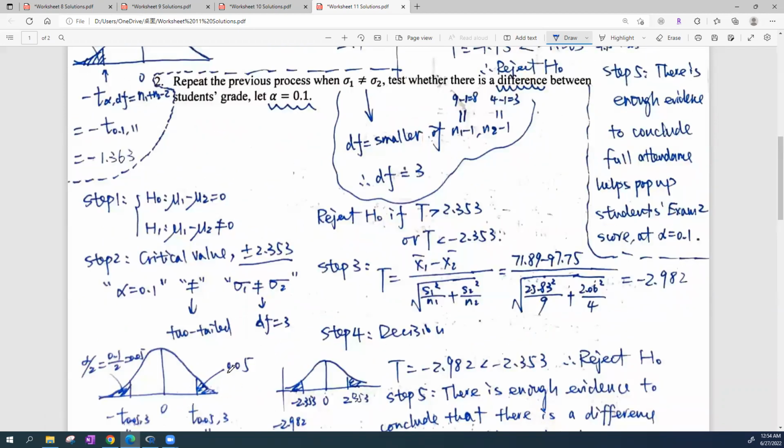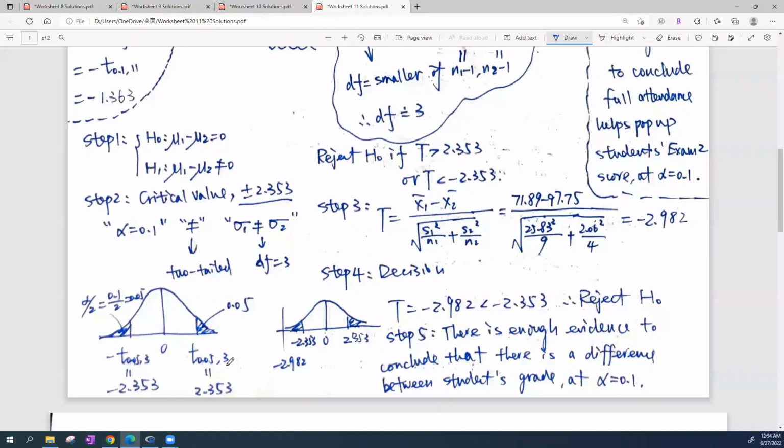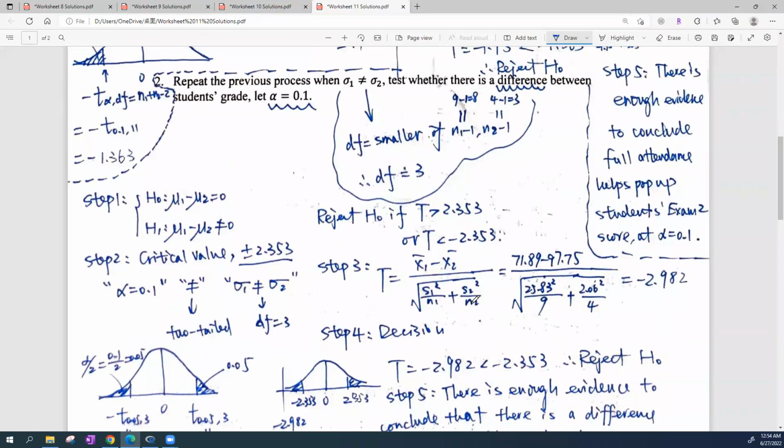So we're going to say reject null if t, the test statistic, is larger than 2.353, or if it is smaller than negative 2.353. We can calculate the test statistic: x1 bar minus x2 bar minus 0, so we don't have to write it, divided by the square root of s1 squared over n1 plus s2 squared over n2.